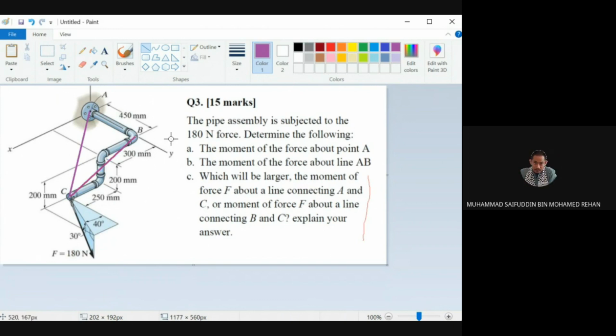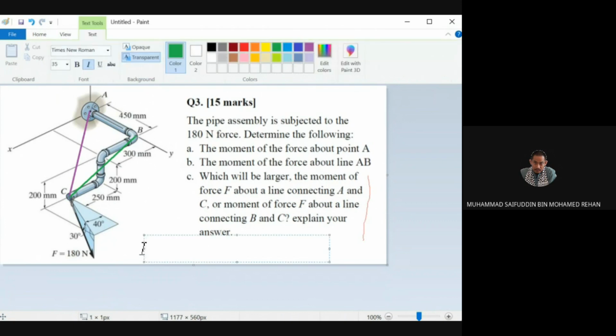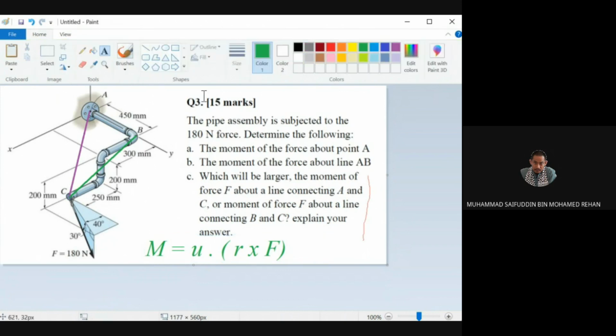Now, let's change the color. In terms of the triple scalar product, we have M, the unit vector, dot, and so on. Of course this is not exact, I'm just writing them, but these will be vectors.